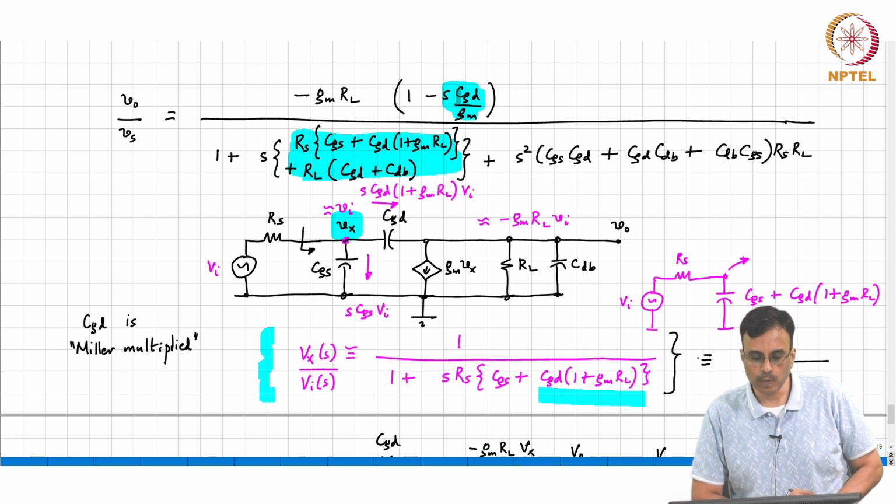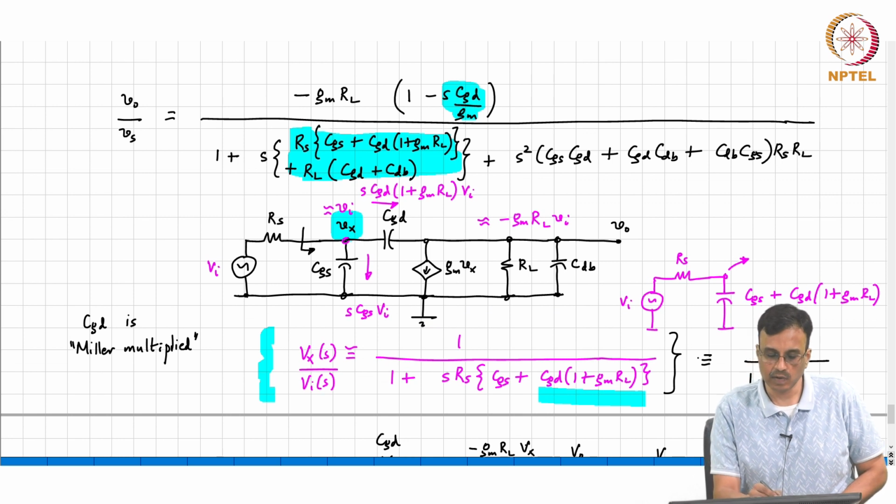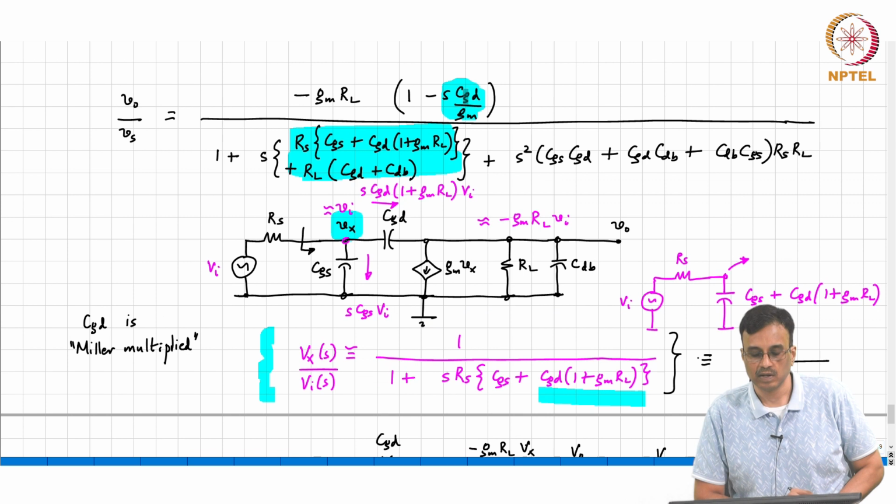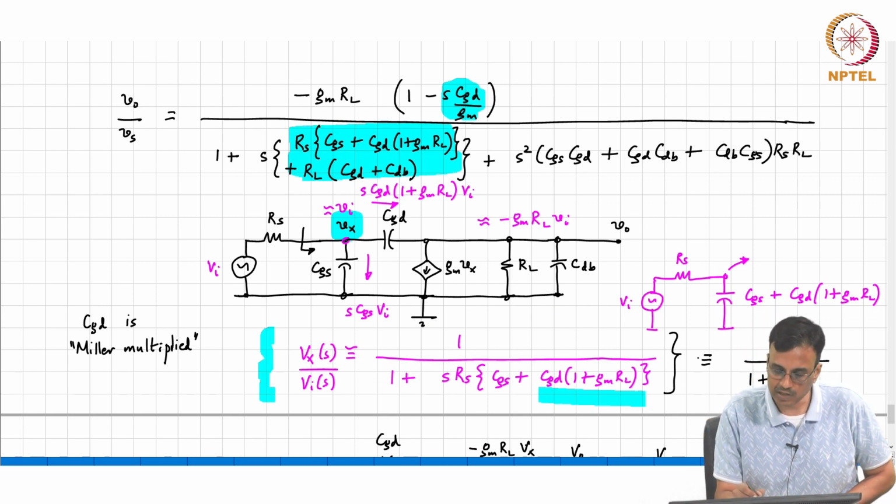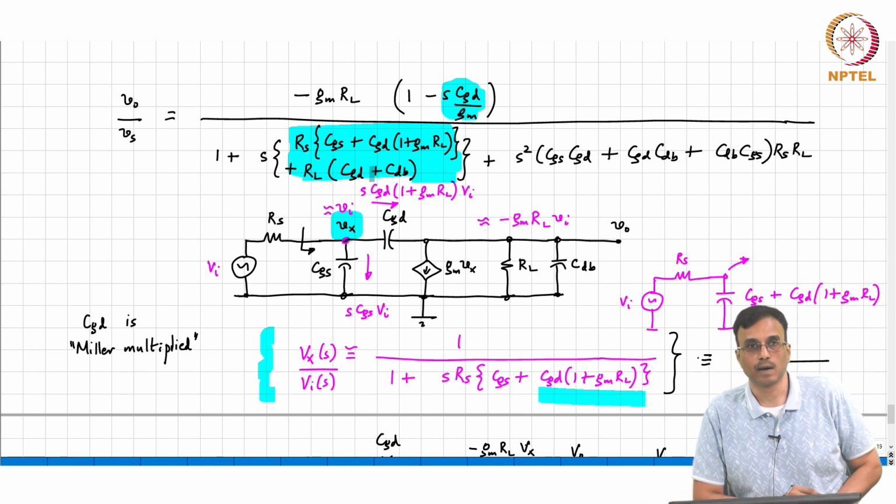So, which will be larger, CGD over GM or this monster expression in the denominator? The denominator is expected to be much larger, correct?